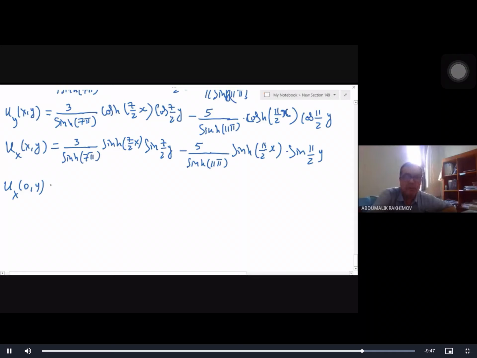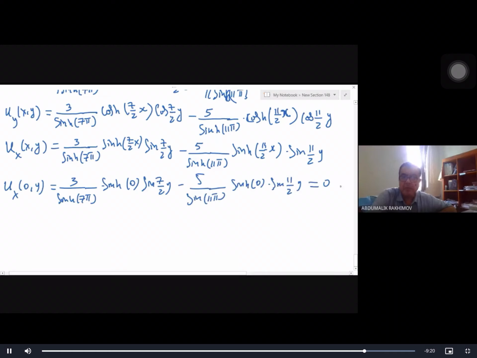You have this one, 3 over sine hyperbolic 7 pi times sine hyperbolic 0 when x is 0, and sine 7/2 y. So this term is 0. The 5 over sine hyperbolic 11 pi term again has sine hyperbolic 0 because x equals 0, times sine 11/2 y, equals 0. It's okay, right?